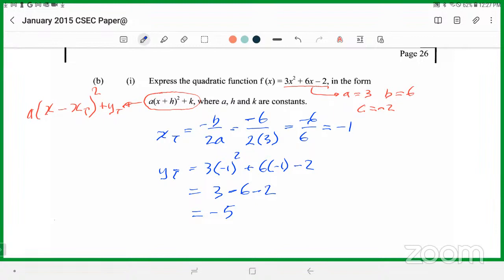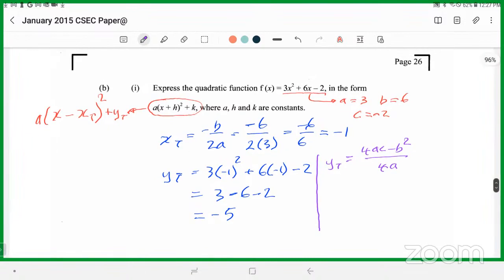Let's do it the other way with the formula, just for practice, and just to show you that the answer is going to be the same, or to check if the answer is the same. We can use YT equals 4AC minus B squared, divided by 4A, using the formula method. It should be equal to 4 times A, which is 3, times C, which is negative 2, minus 6 squared, because the B is 6, divided by 4 times A, 4 times 3, A is 3.